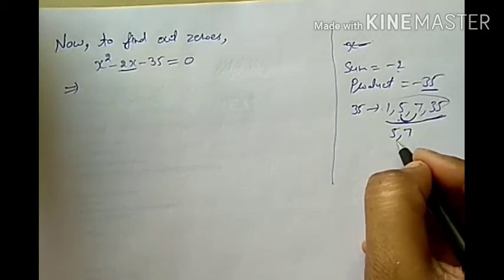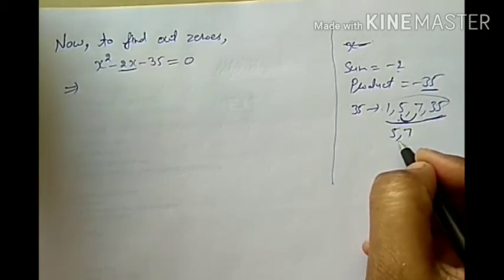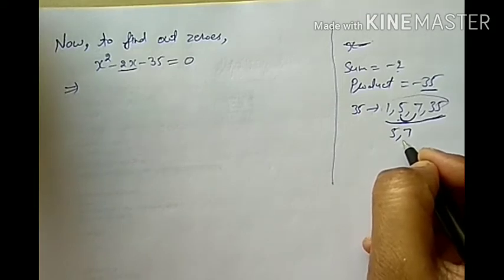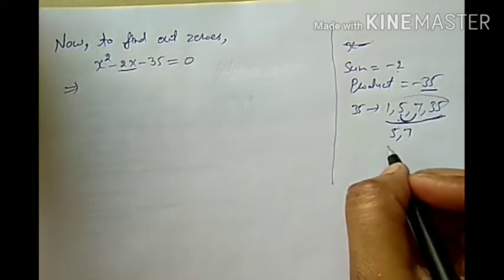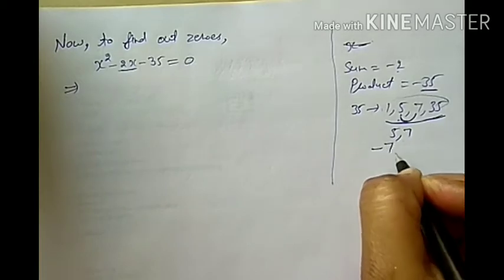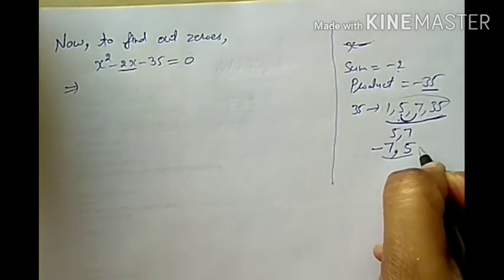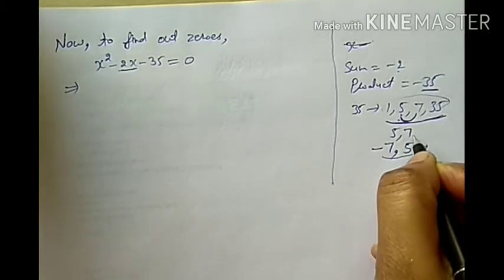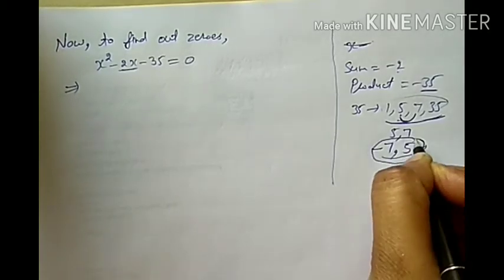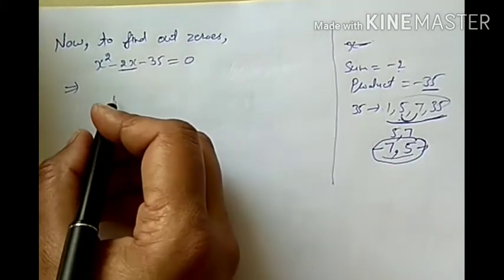Now the product is not 35, so one of them must be negative. Sum is equal to minus 2, so negative with the bigger number. Sum is equal to minus 2 and product is equal to minus 35. So this pair satisfies our condition.